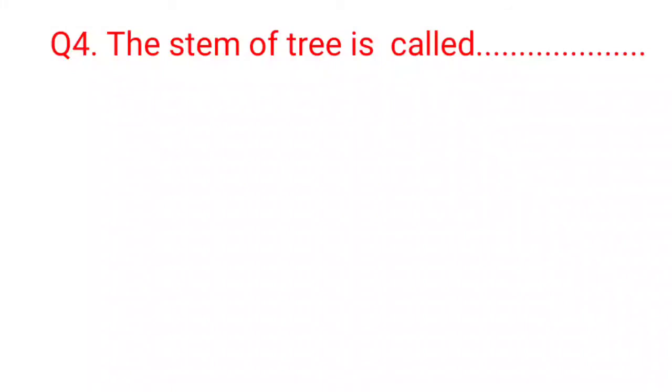The stem of tree is called dash. Yes, beta. Come on. Think and answer. Oh, yes. The stem of tree is called trunk because the trees have a main stem from which arises a number of branches which hold leaves, flowers, fruits, etc.